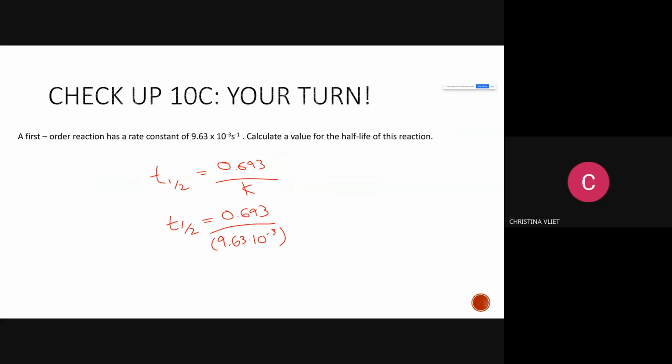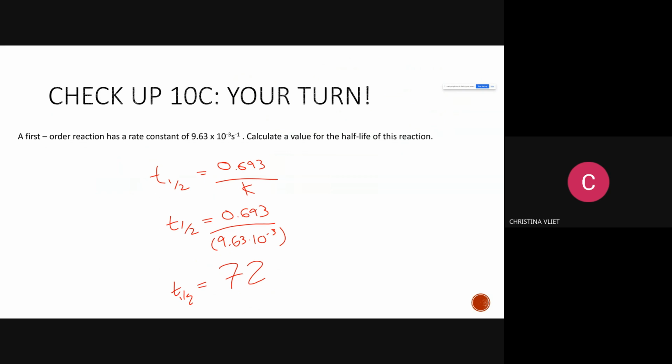Question for the other formulas: since first order is only in seconds, for the other ones, would we need to know the concentration to get the half-life? It's not independent of concentration. That's right. It's not for the other orders.